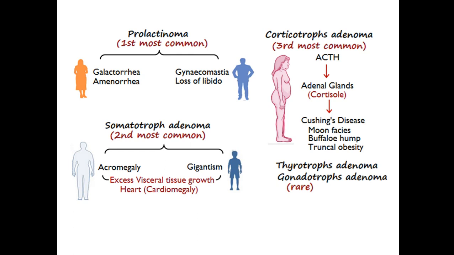Abnormal secretion of prolactin causes milk secretion, a condition known as galactorrhea, secretion of milk at a time when the mother is not breastfeeding. It will also lead to abnormalities of the menstrual cycles and may cause amenorrhea.